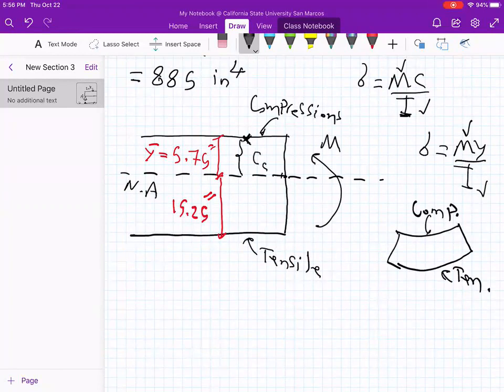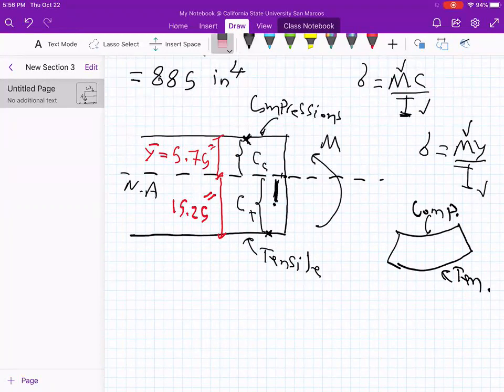To find the maximum tensile, this point gives the maximum tensile because it is the last point, the edge point. Maybe we define this as CT. If we pick another point, for example this point, its value is less than CT, then in this formula sigma will not be maximum.